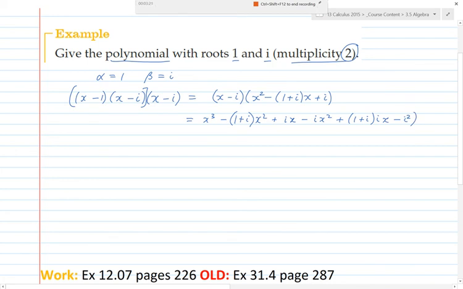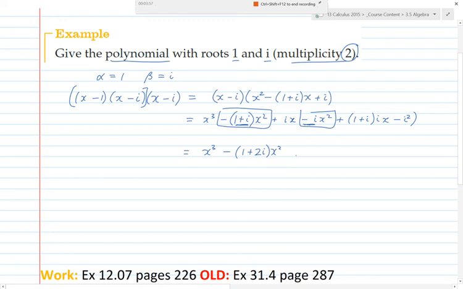Okay, so we'll collect like terms here. So we'll start with the x squared terms, and so we can write that as negative 1 minus i, so that's going to be minus 2i. So sorry, I'll write the x cubed term first. So we're going to have x cubed minus 1 plus 2i x squared, so that's simplifying those coefficients here and here.